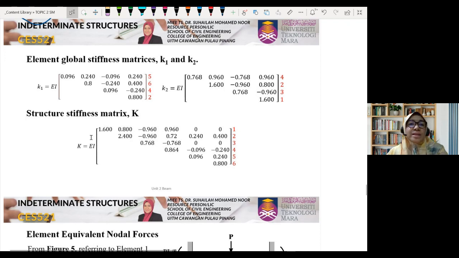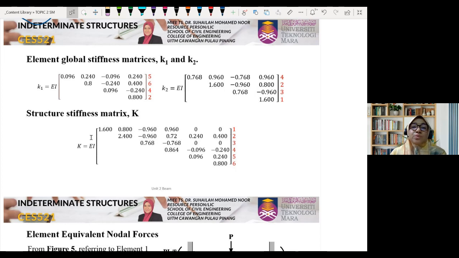Okay, so we need to establish the global stiffness matrices. Why do I use the word global? Because we are referring to the coordinate system in the analysis of structures using the stiffness method, whether it is a truss structure, beam structure, or frame structure, we have to refer to the global coordinate system.